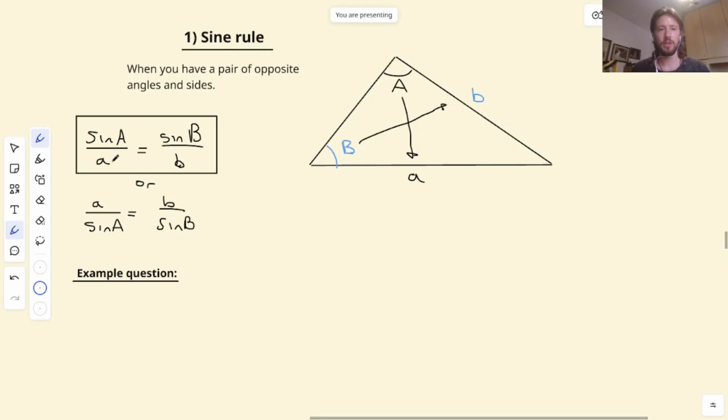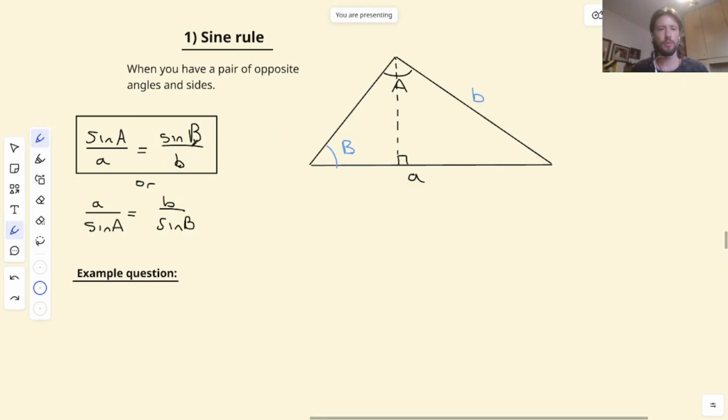And you can actually prove, by drawing a triangle in such a manner with a right angle through it like this, that sine A over a equals sine B over b. And of course you can extend that to sine C over c, but I'm just keeping it to these 2.